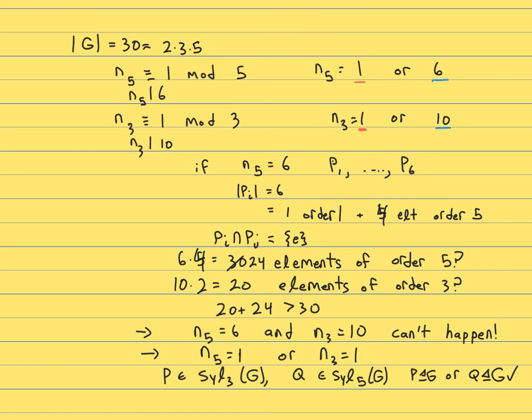And so you will find these types of arguments to be useful. If you're trying to prove that there's no simple group of a certain order, you have to use Sylow theory type arguments to prove that one of these things has to be 1. And that's what we just saw. We can now conclude there's no simple group of order 30 because one of these two numbers must be 1.